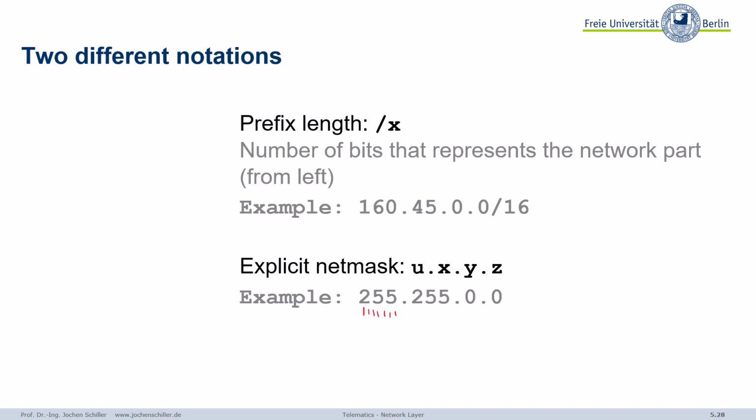So we have the 8 bits and again 8 bits, and then all 0. And here we see when all this sequence of ones ends, this is then the border between the network part and the host part. And this idea of this masking, this is also something that has been done before we used CIDR, this classless interdomain routing.